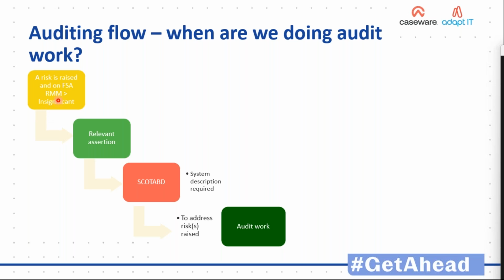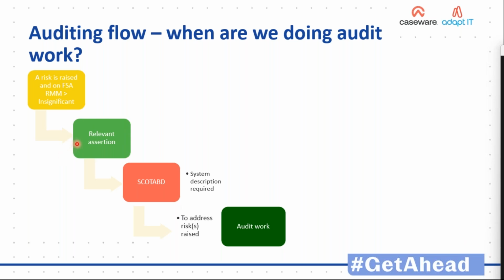A risk has been raised on the FSA, the document that I will introduce just now. The RMM is more than its significance. Then your manager has to select the assertion relevant to the risk.